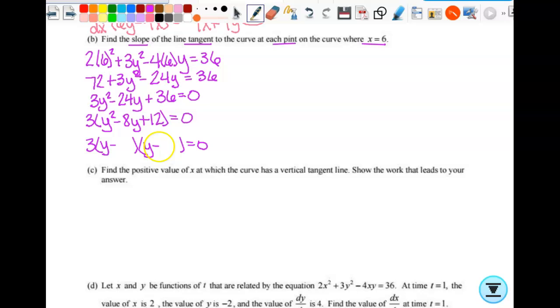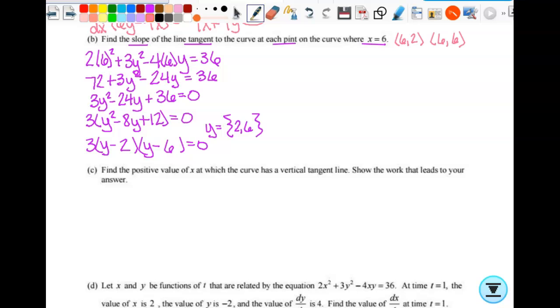This is negative, so they're both minus, to be a negative 2 and a negative 6. Everybody with me? So that means our y's are 2 and 6. So our ordered pairs that we have are (6, 2) and (6, 6). Those are our ordered pairs.